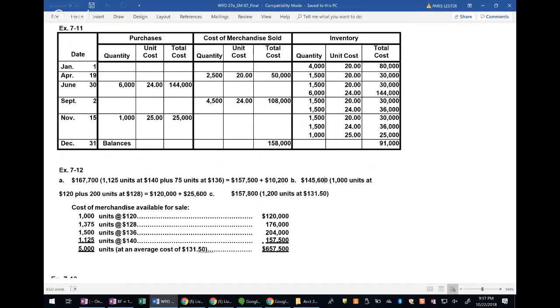That is ending inventory. Take 5 seconds and find me cost of goods sold. Can somebody find me cost of goods sold? Just FIFO. I just want to see if you know what you're doing.